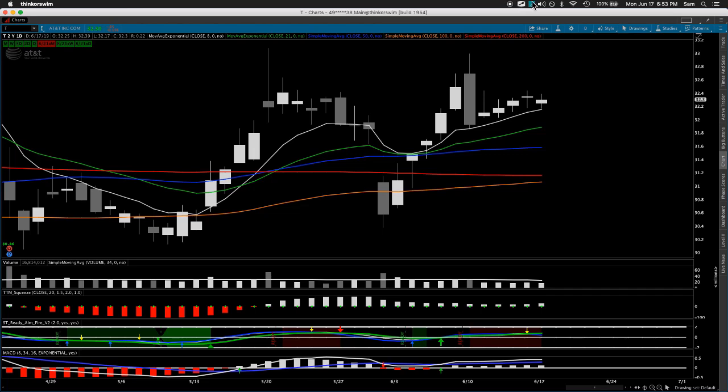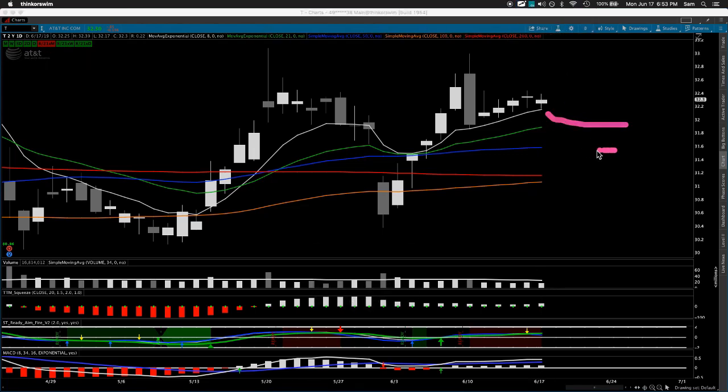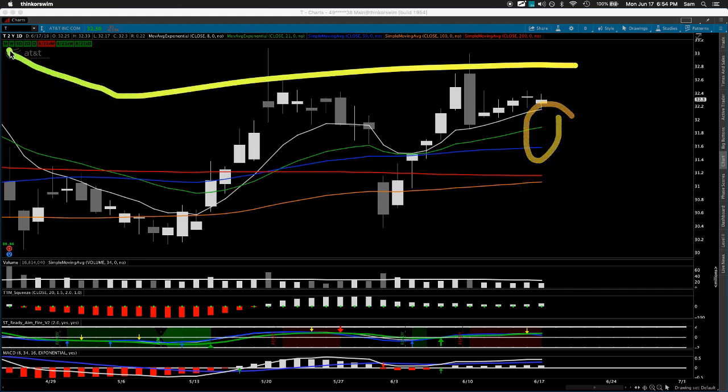Your moving averages have very quietly formed themselves into a bullish setup, right? Very, very quietly. The last one that's missing here is the 100 being over the 200, but that's going to happen last.